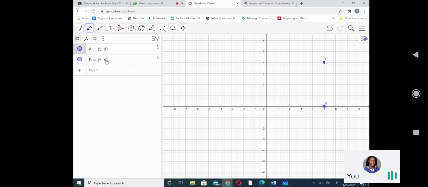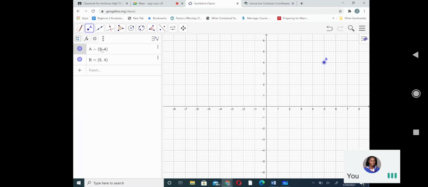Because it's a positive y value. So our positive y value will move how many places up? 4 places up.